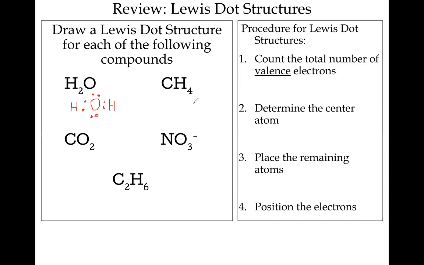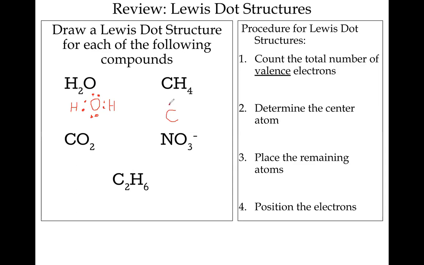Now, for CH4, remember what that is? That is methane. It's going to be carbon, which has 4 valence electrons, and 4 hydrogens, which each have 1. So again, 8 total valence electrons, and we put carbon in the center because hydrogen can only bond to one thing.